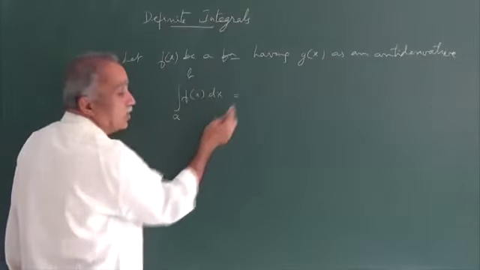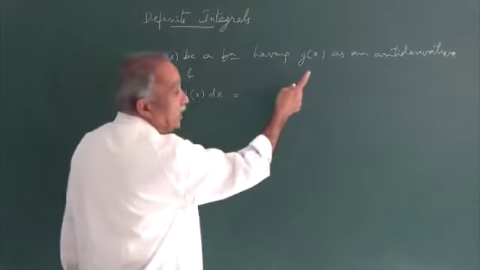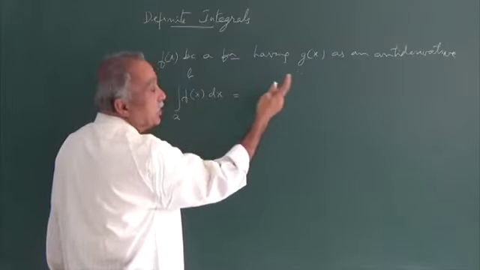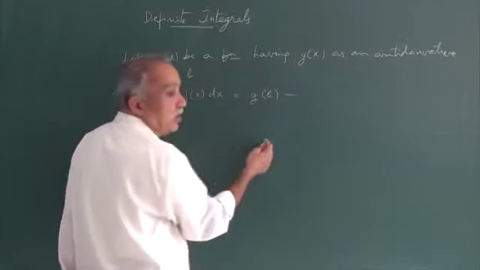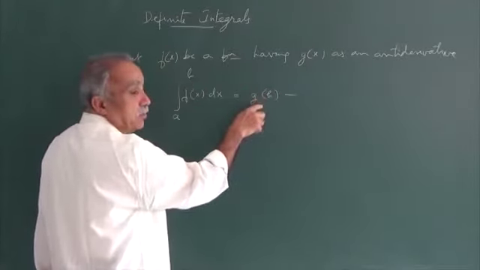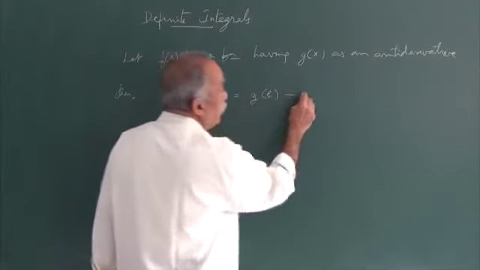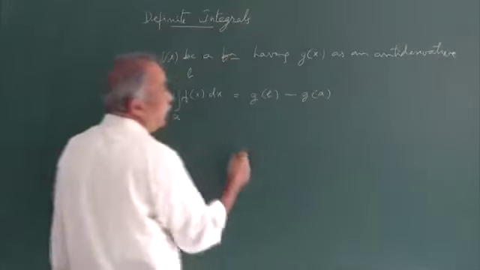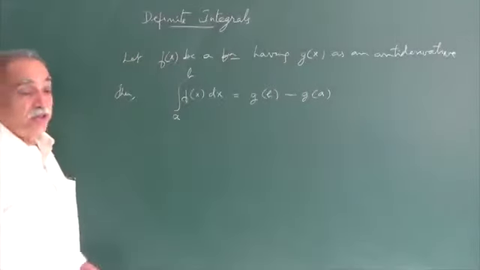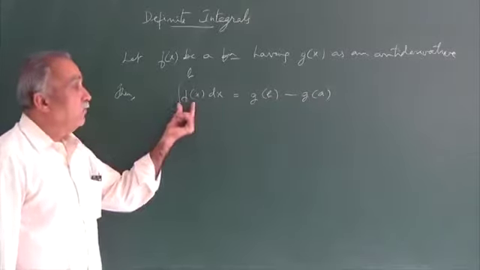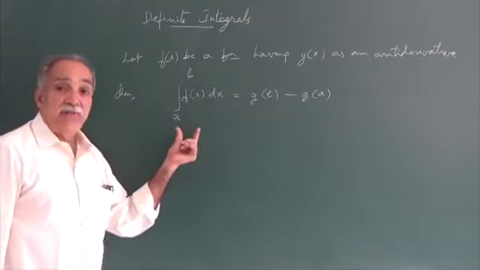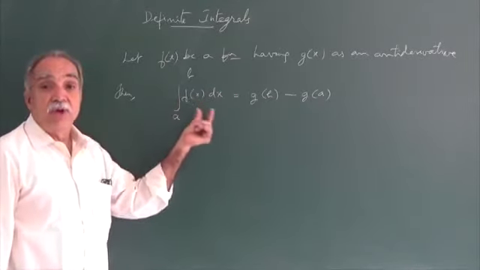By this we simply mean the value of a chosen antiderivative at the upper limit minus the value of the same chosen antiderivative at the lower limit a. So, g of b minus g of a, where g is an antiderivative for f, will be the value for the definite integral a to b f of x dx.